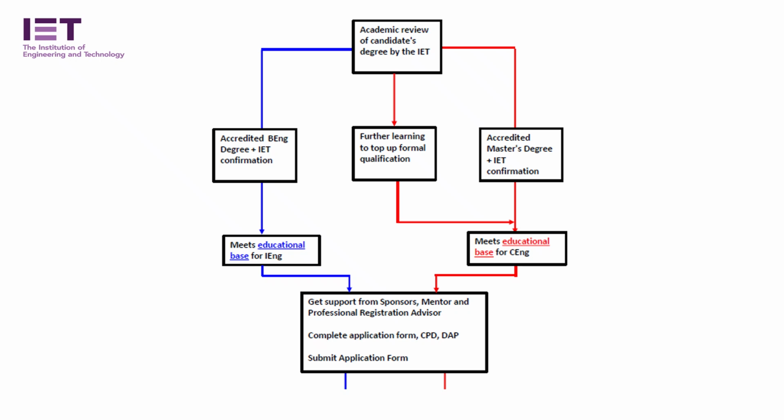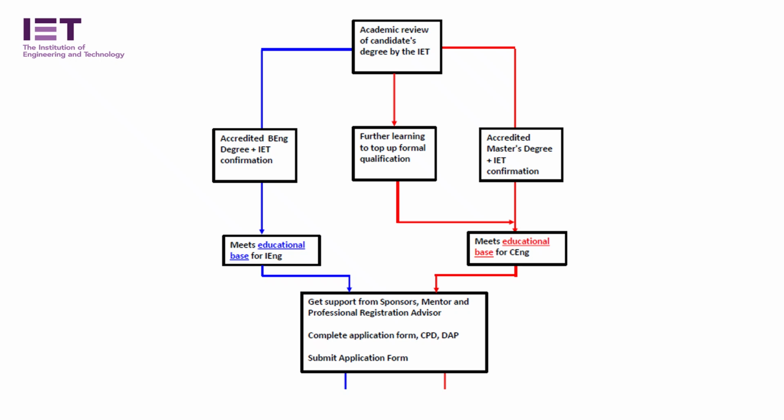So once the candidate has achieved the required academic base, the candidate can proceed to further steps in the chartered engineer process. So it's important for the candidates to identify sponsors that can support their application.